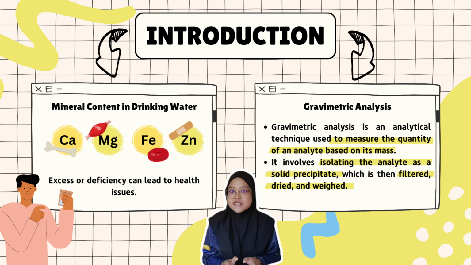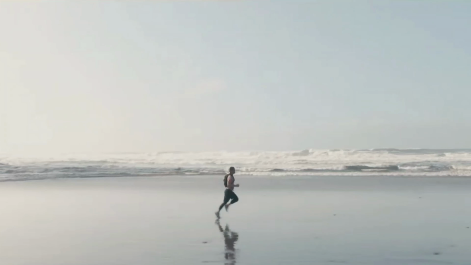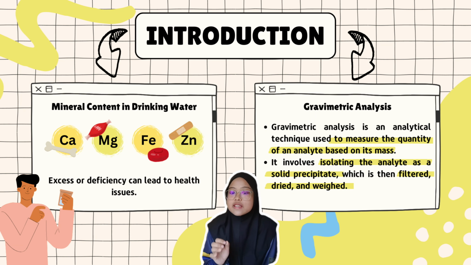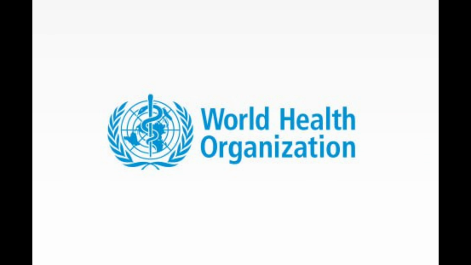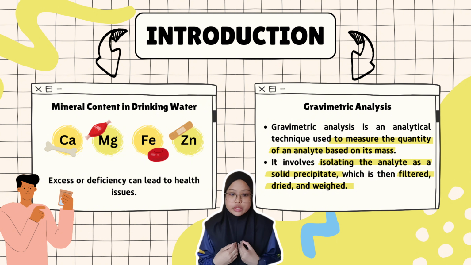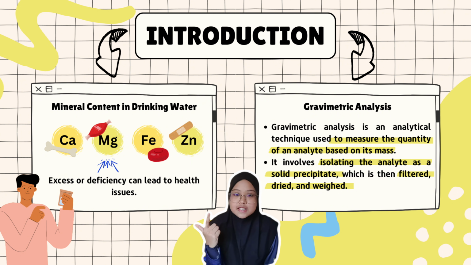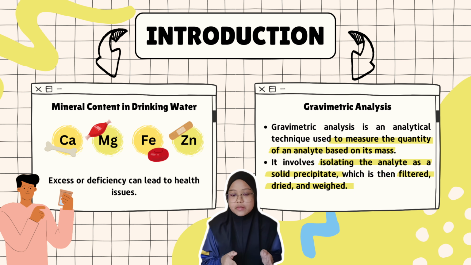Firstly, understanding the mineral content in drinking water is crucial for our health and compliance with international standards, such as those set by the World Health Organization (WHO). Various minerals are present in our drinking water, including calcium, magnesium, iron, and zinc, each offering distinct health benefits.